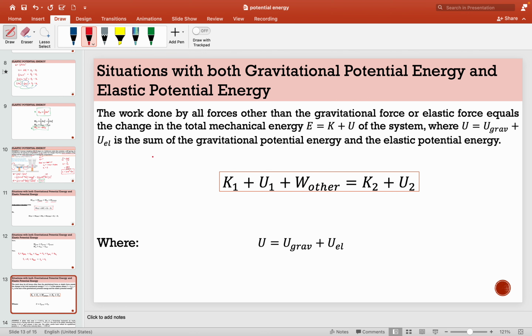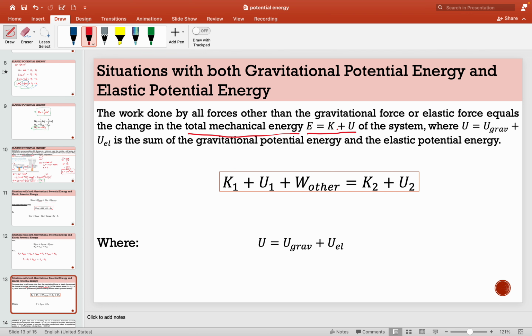So the work done by all forces other than the gravitational force or elastic force is equal to the change in the total mechanical energy E. By the way, mechanical energy E is equal to the sum of the kinetic energy and the potential energy of the system.